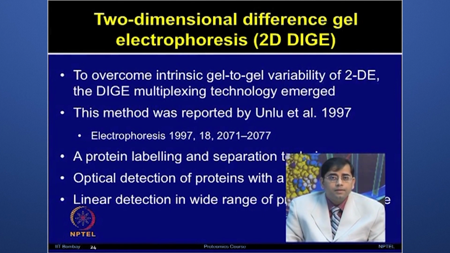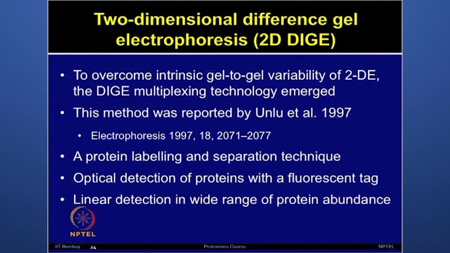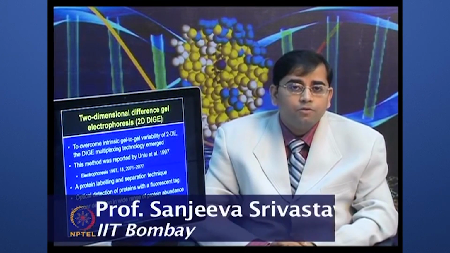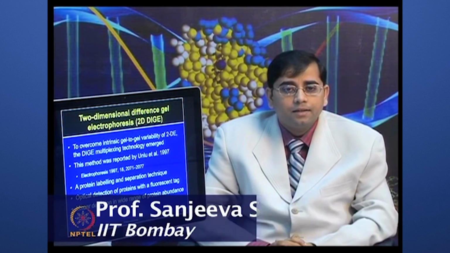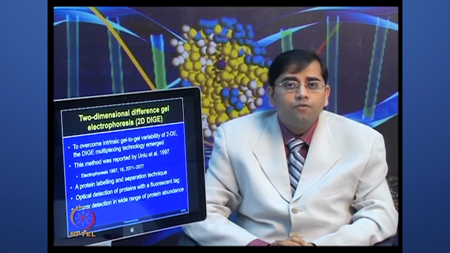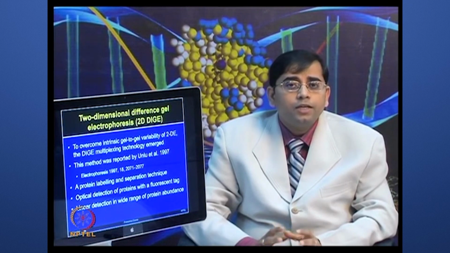to overcome the gel to gel variations encountered by traditional or conventional two-dimensional electrophoresis. So, the DIGE method involves protein labeling and separation techniques. The optical detection of the proteins is done by using fluorescent tags, and this method performs linear detection in a wide range of protein abundance.